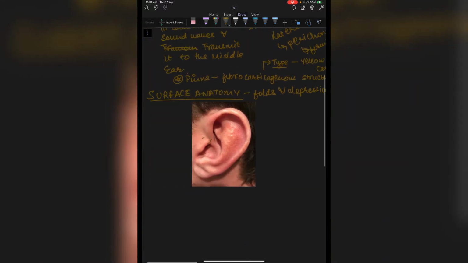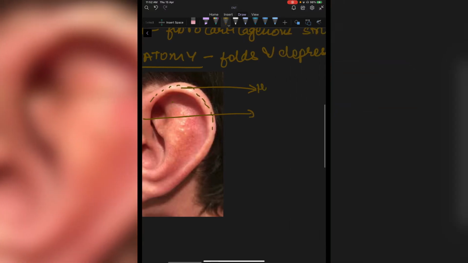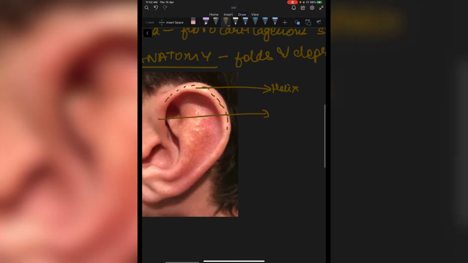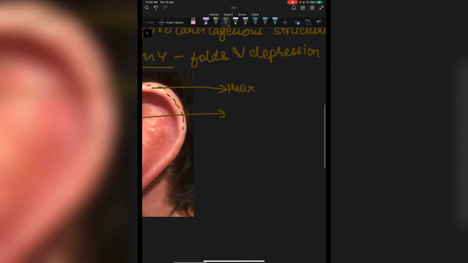Now let us study the structures, depressions, and folds which are there in the pinna. The helix is this outer fold. The starting point of the helix is this one, and it is called the crus of helix.